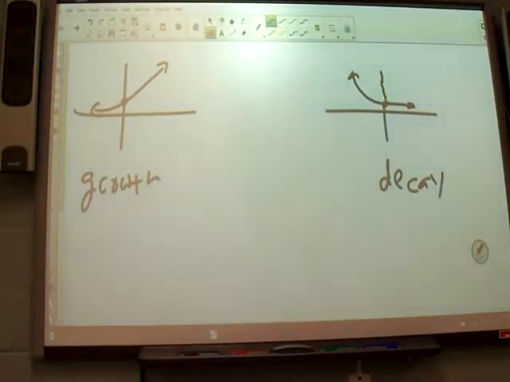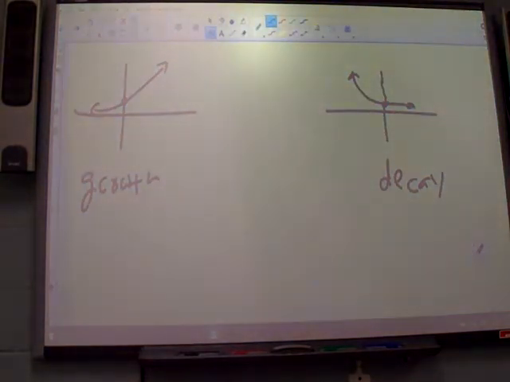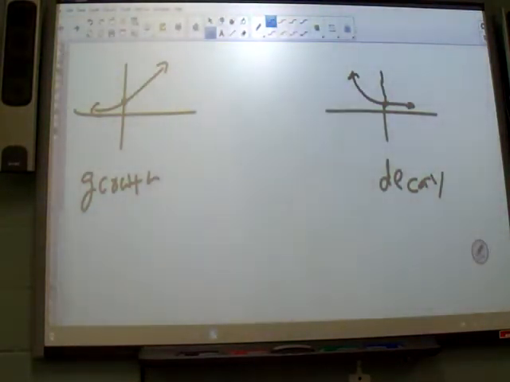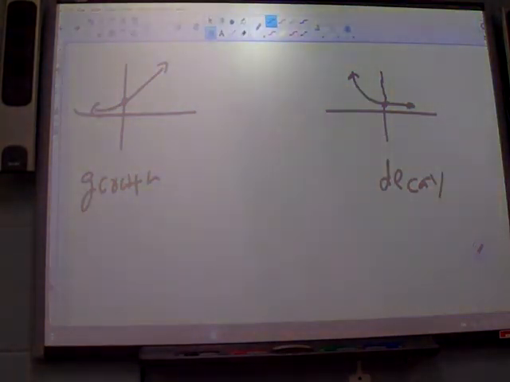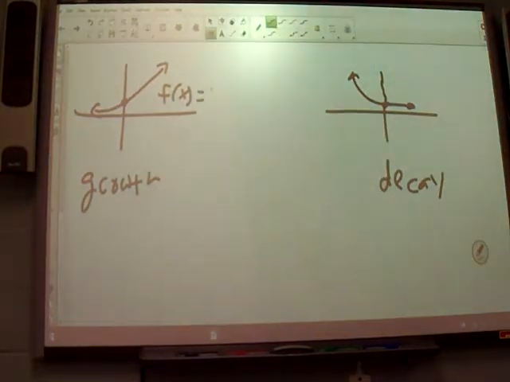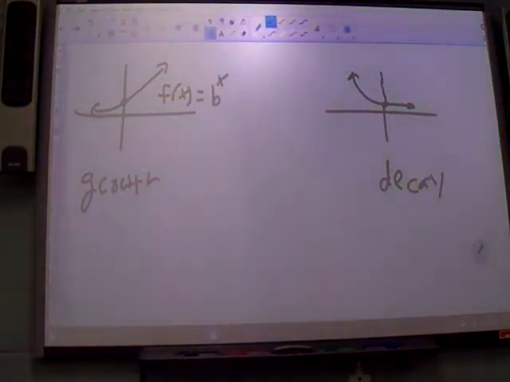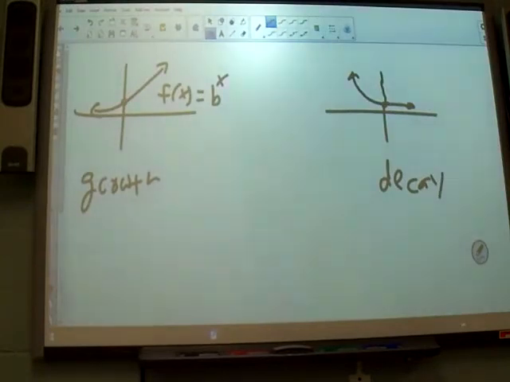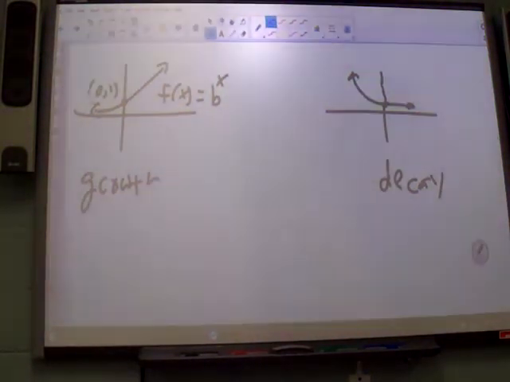Now with these little pictures that you've got drawn, we can label some stuff and get rolling with this. We called this one here f of x is equal to b to the x. See how it's got an exponent that is a variable? It goes through that point there that I've got. It will always go through 0, 1.